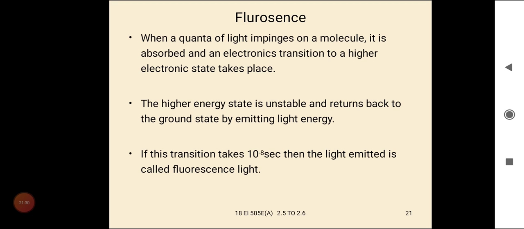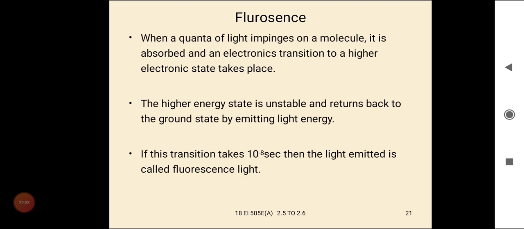The higher energy level is an unstable state. The energy is re-emitted and falls back to the ground state or former state. The energy emitted is known as fluorescence. This happens within a time period of 10 to the minus 8 seconds.